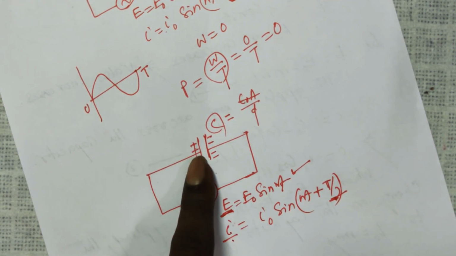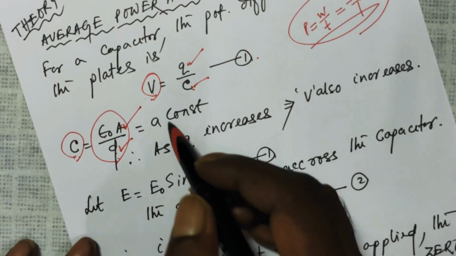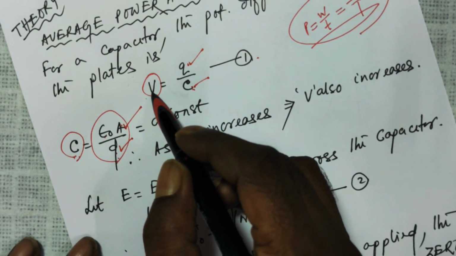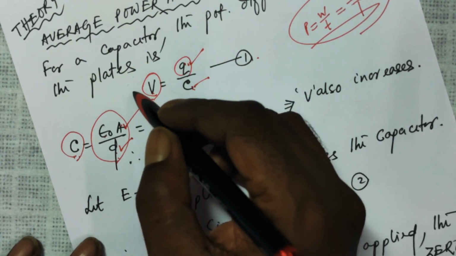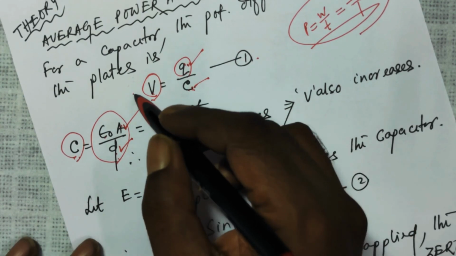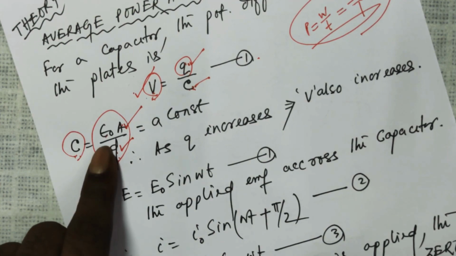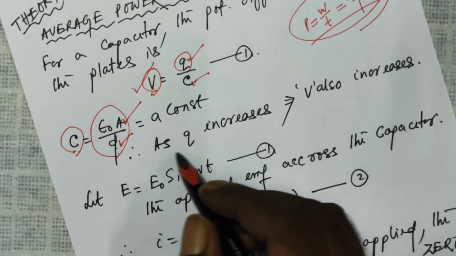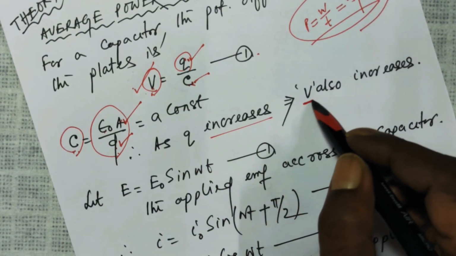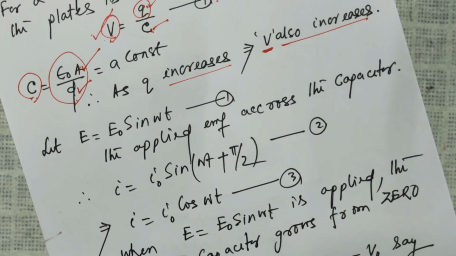Looking at this expression, the potential difference across the plates of a capacitor is Q by C. As Q increases, C being constant, since epsilon naught A over D is a constant, V also increases. As Q increases, the potential difference also increases across the plates of the capacitor.